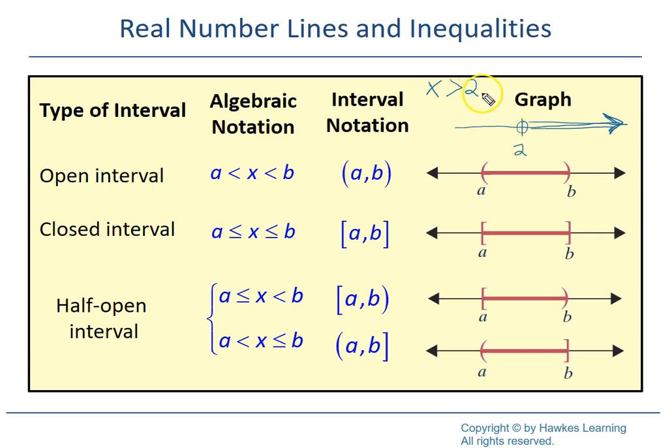Now, suppose they said x is greater or equal to 2. We had this equal sign. How would we graph that? And the answer is, in high school, we used to fill that dot in, indicating that 2 was actually included in the set. So we had a circle sometimes, and we had a solid dot.